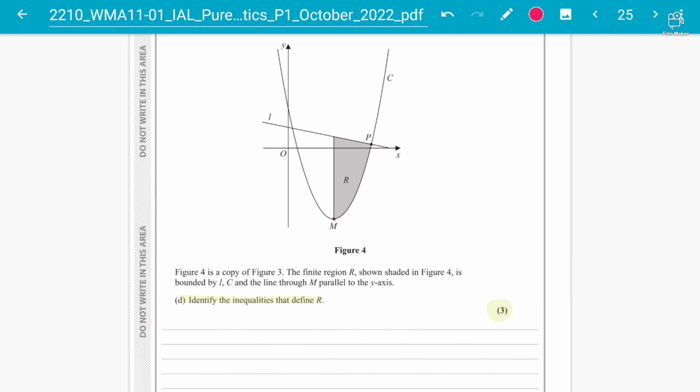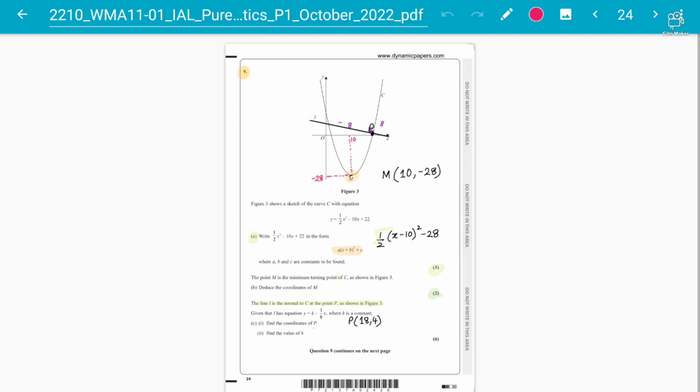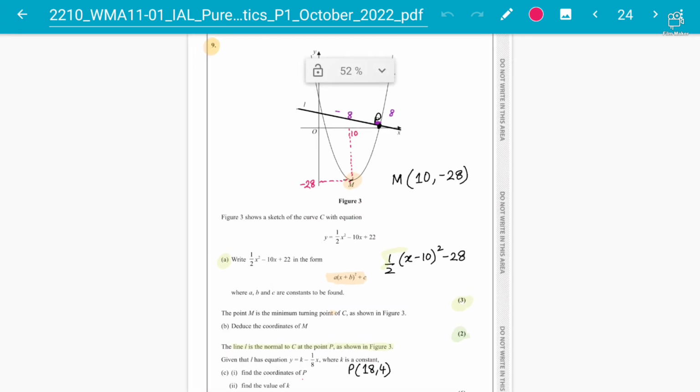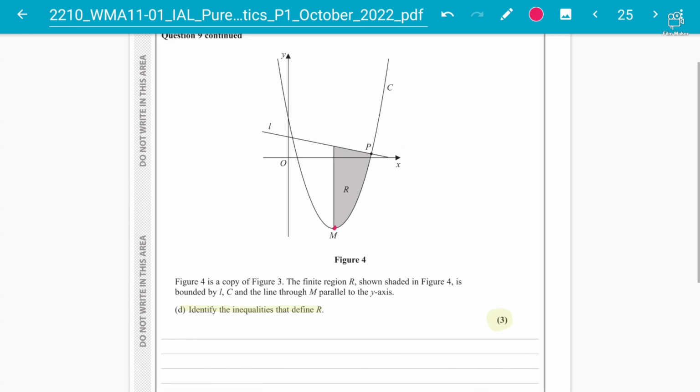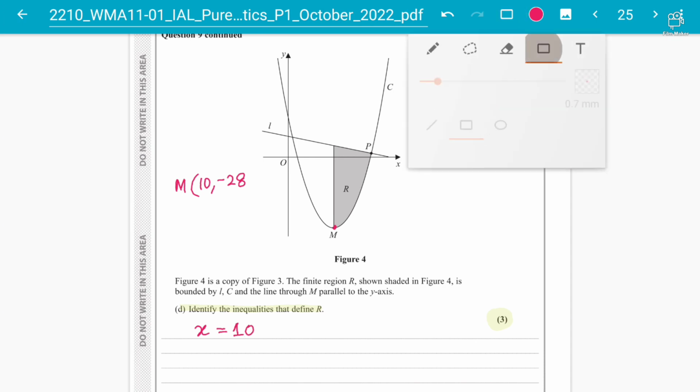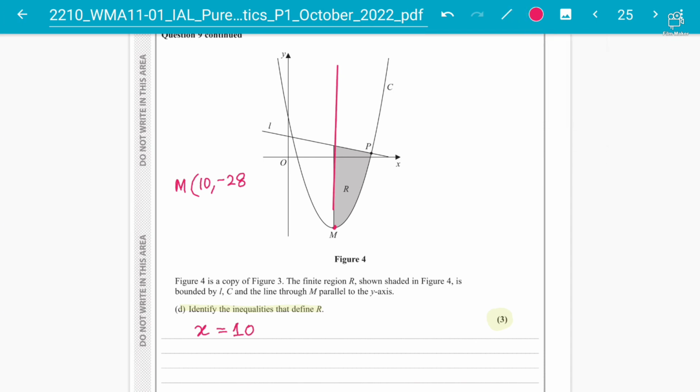You already know M coordinates. What was M coordinates, sir? It's just a copy of the diagram they're mentioning as well, okay? Figure 4 is just a copy of the diagram. So M was basically 10 comma minus 28, which means the equation of the line M will be x equals 10. Let me write it down as well because students understand better that way.